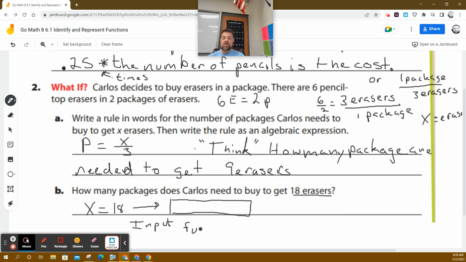So this is my function. The function has a rule. And the rule is I'm going to take X divided by 3, or 18 divided by 3. And then that spits out an output, Y equals 18 divided by 3. But if you reduce it, it equals 6.